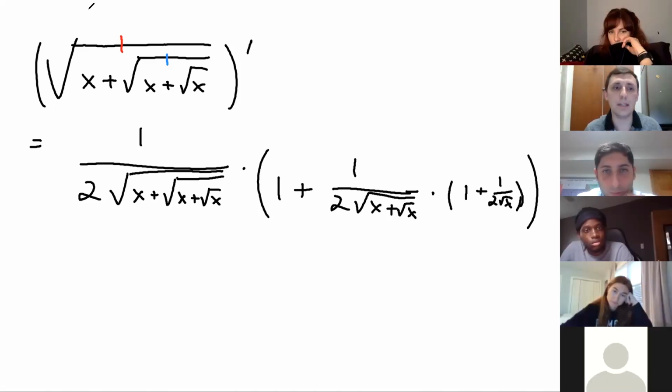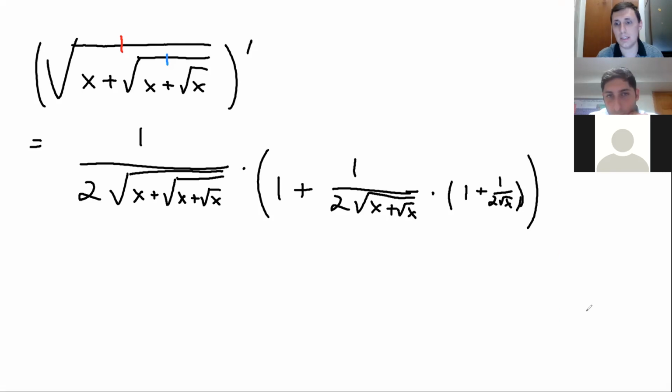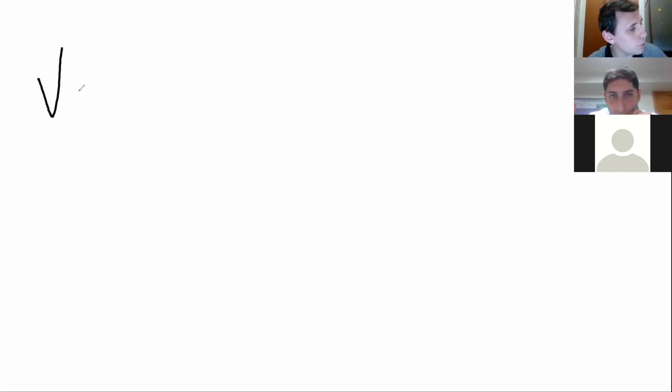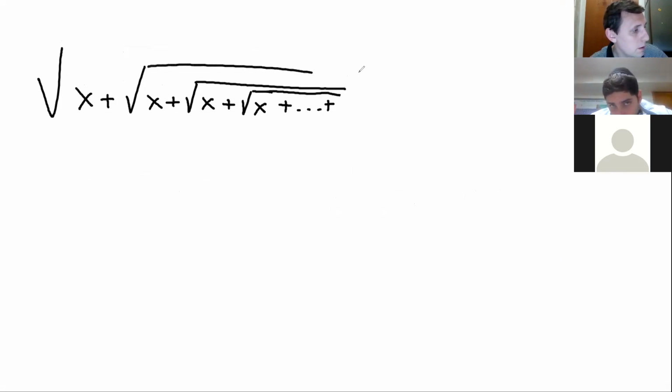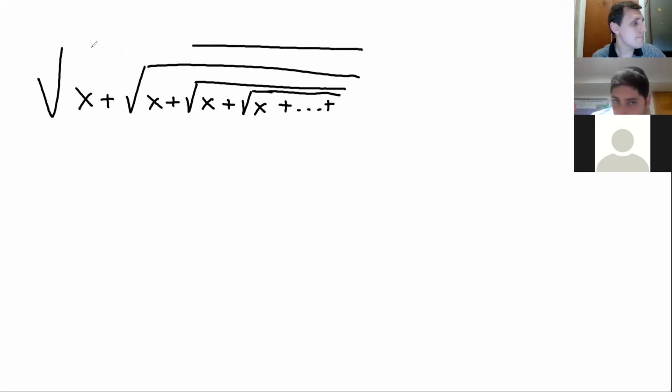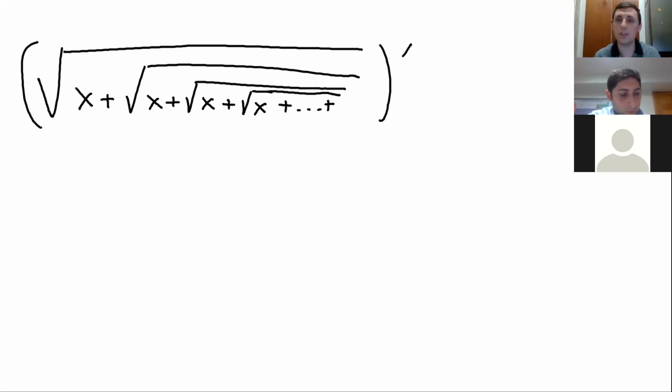As it happens, the next problem, guys, is actually easier. How do you take the derivative of root of x plus root of x plus root of x plus root of x, and so on forever? You understand the question, guys?